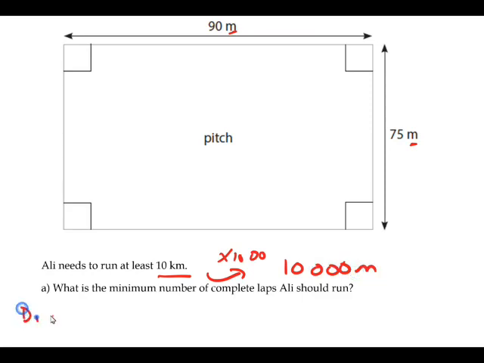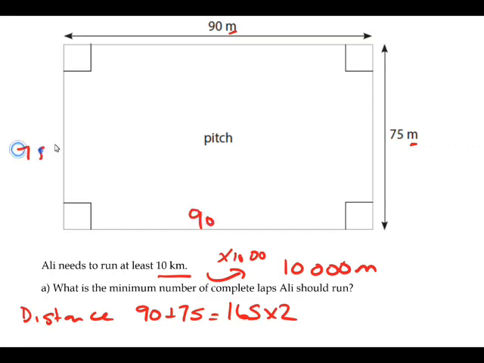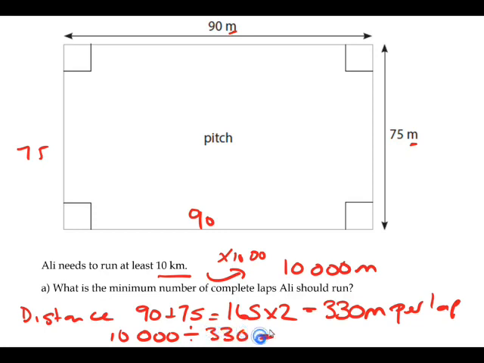The distance around the track is the perimeter. So we're going to add 90 and 75 to get 165. Multiply it by 2 for the other 2 sides. That gives us 330 meters per lap. If we divide the 10,000 meters by 330, it tells us how many laps he needs to run.